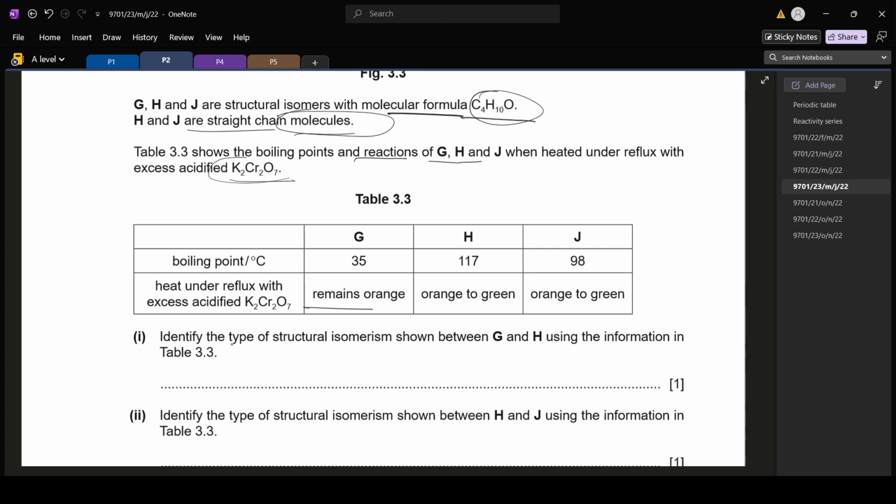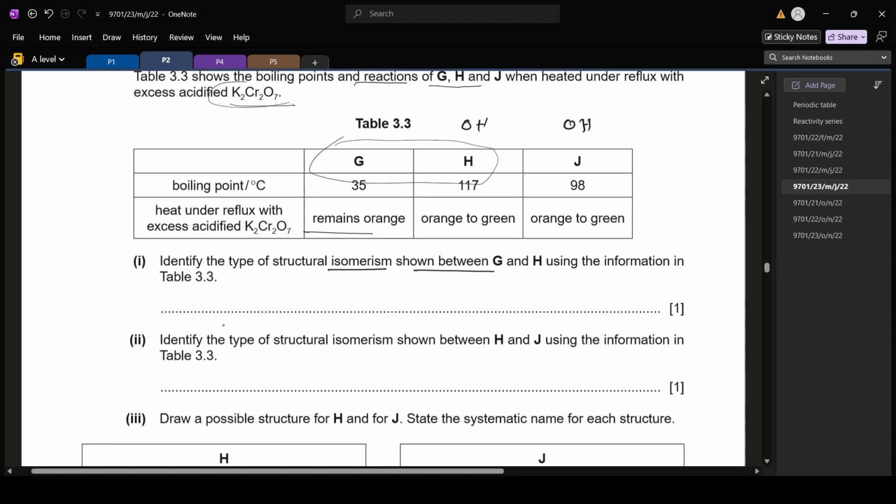Okay, identify the type of structural isomerism shown between G and H. In H you will have an alcohol group, OH group, and G has an ether group. Using the information in table 3.1, there is functional group isomerism.